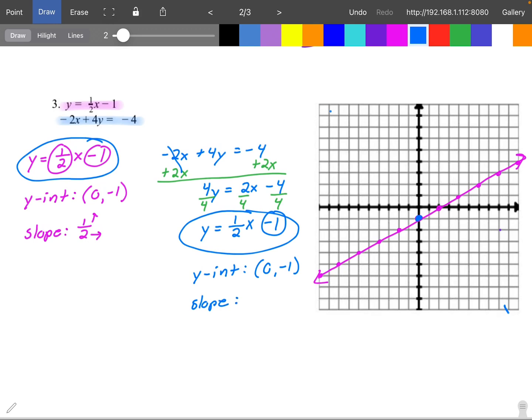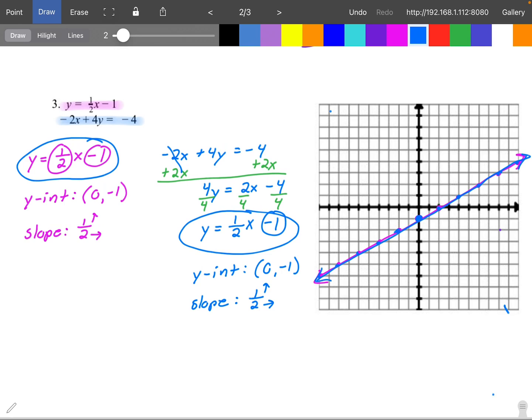And then our slope is 1 over 2, just like the other one. So up 1, right 2. So all of these points are going to be exactly the same, which means when we connect them, the lines are going to be exactly the same.